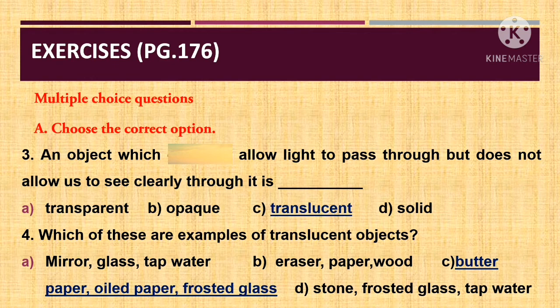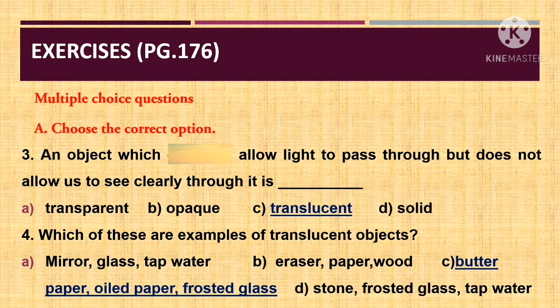Question 4. Which of these are examples of translucent objects? A. Mirror, glass, tap water. B. Eraser, paper, wood. C. Butter paper, oiled paper, frosted glass. D. Stone, frosted glass, tap water. Materials that allow only a part of the light to pass through them are called translucent materials.